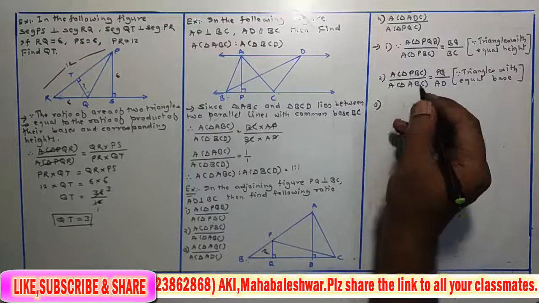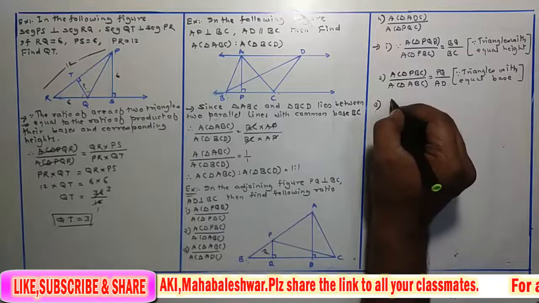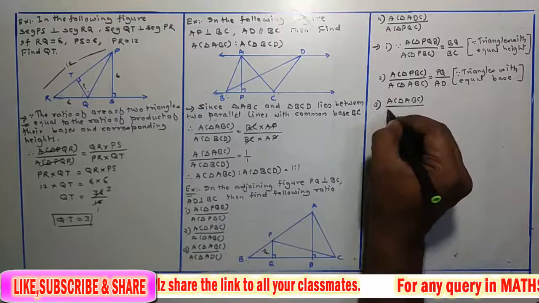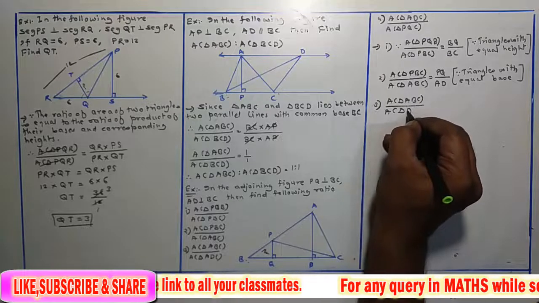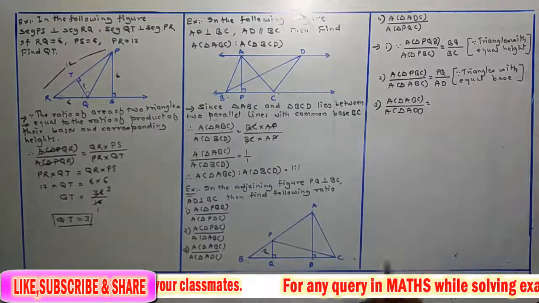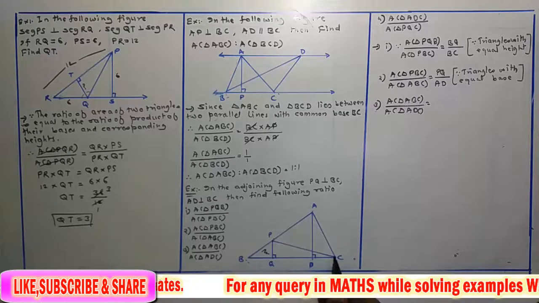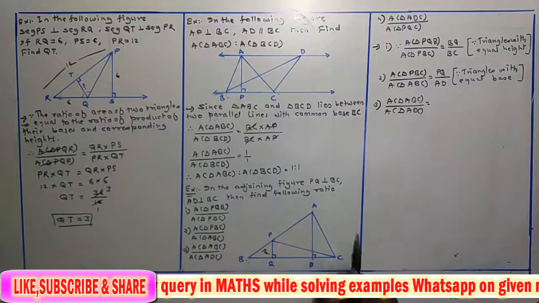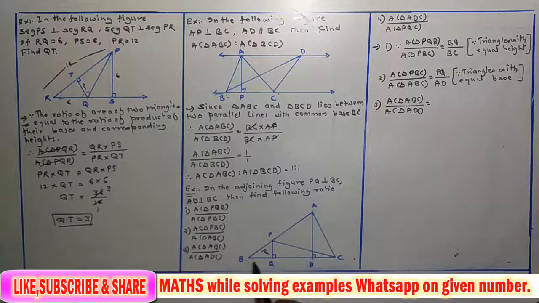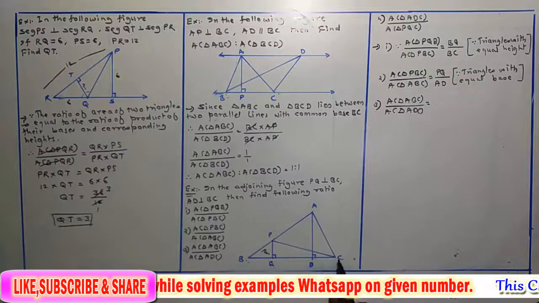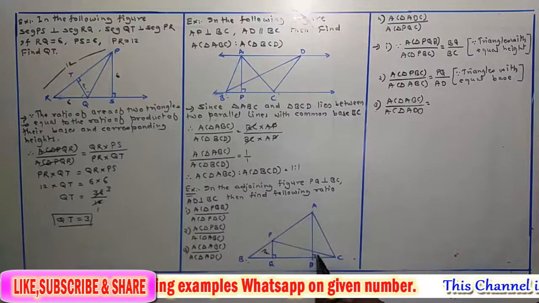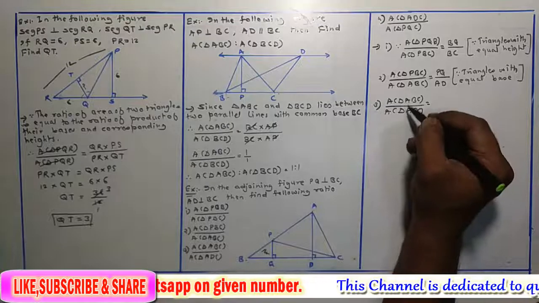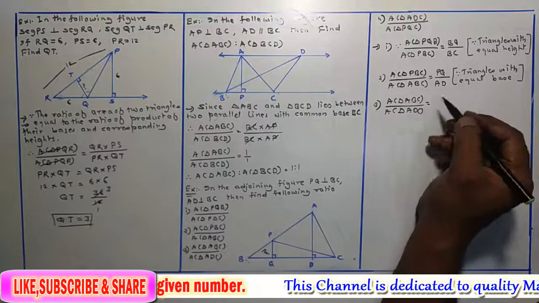Okay, now third one, area of triangle ABC upon area of triangle ADC is equal to, now for ABC and ADC, in both the triangles if you observe, AD is the height for triangle ABC. Similarly ADC is a right angle triangle in which AD is the height. That means both triangles have equal height, and therefore ratio of their areas is equal to ratio of their bases.